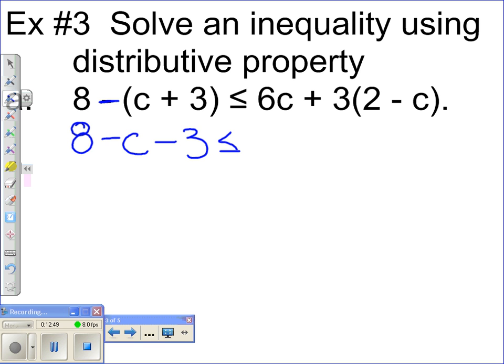Now let's look at the other side. 6c, that's going to stay the same, plus distributive property, 3 times 2 is 6. Distributive property, 3 times negative c, minus 3c.